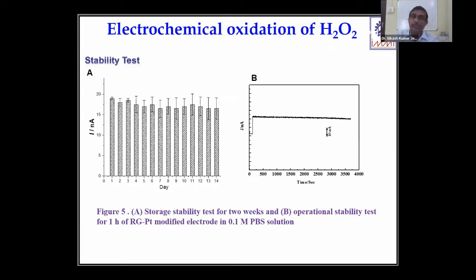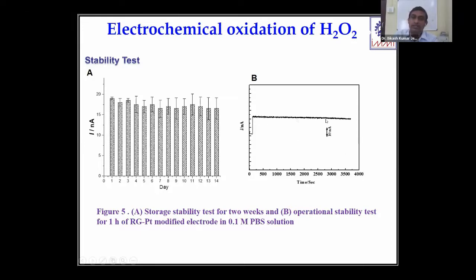For storage stability, today you use the sensor, then store it in phosphate buffer or any ambient atmosphere, and tomorrow, after 24 hours, you check whether it shows the same response or not. We have shown some storage stability and operational stability. We have observed that it was stable up to 14 days for storage stability, and operational stability you can go for like 1 hour.